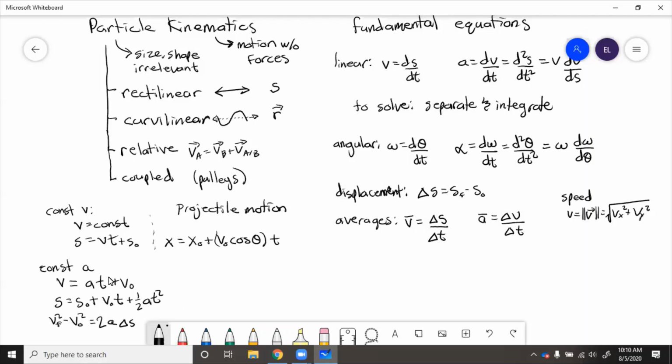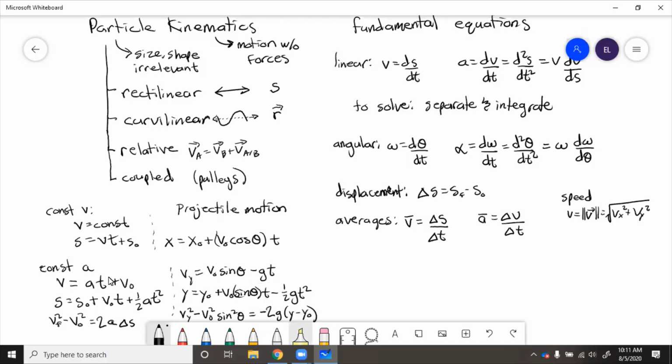Then the parallels in projectile motion: vy equals v initial sine theta minus gt, y equals y initial plus v initial sine theta times t minus 1/2 g t squared, and vy squared minus v initial squared sine squared theta equals -2g(y minus y initial).